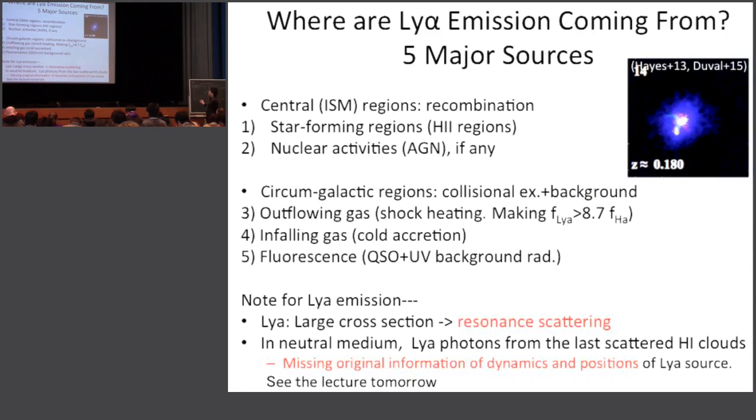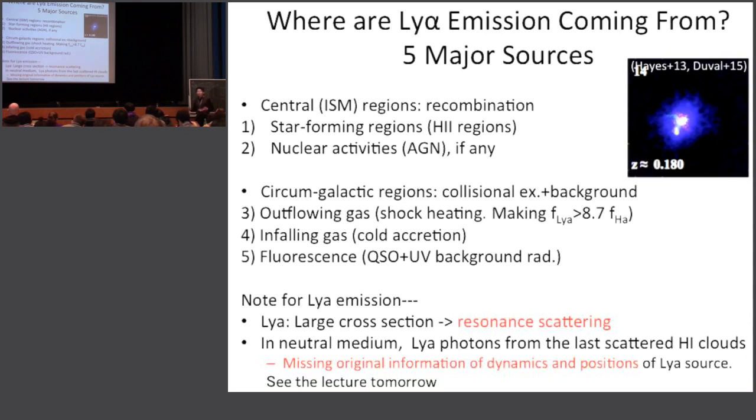And in the circumgalactic medium region, then, in this central regions, basically the recombination produces the Lyman-alpha. And for circumgalactic regions, mainly they are collisional excitation, scattering, and the background radiation. So the third process is the outflowing gas, shock heating, and inflowing gas made by the cold accretion.